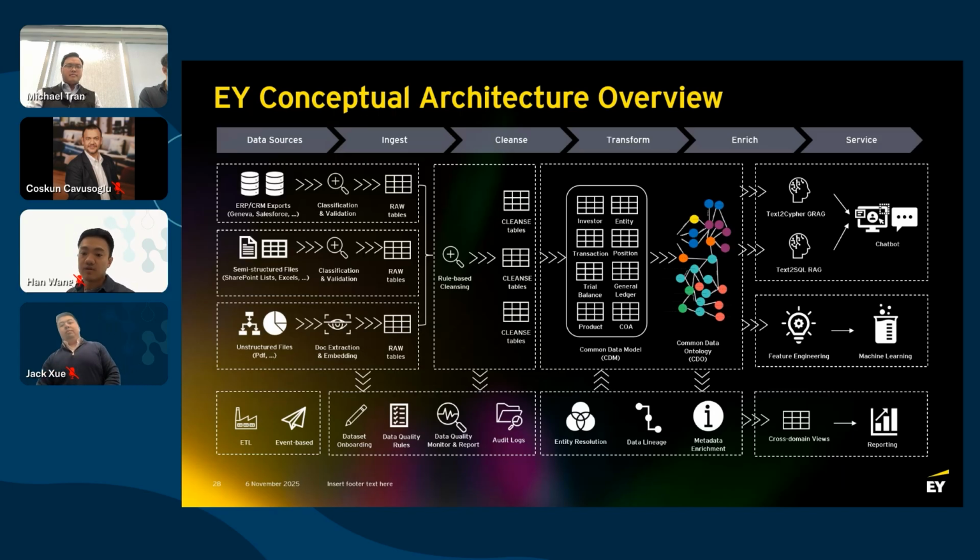We also have a name for this graph, right? Common data ontology. I think our team is one of the few that's actually doing this for a lot of financial service clients. We're getting their data from their warehouse, be it Microsoft Fabric or Snowflake or Databricks, right? So we analyze those, we extract them and build a model and then put them into this common data ontology inside Neo4j, right?